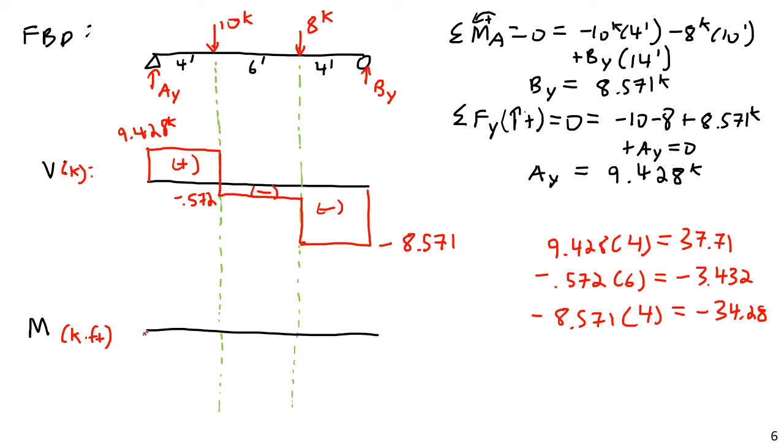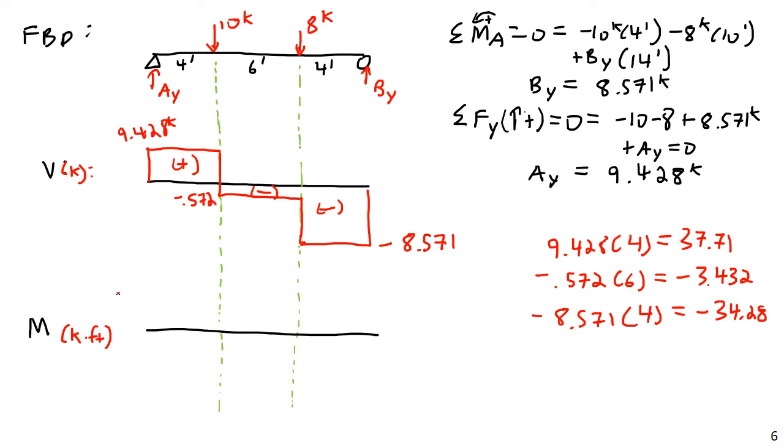So I know that between here and here, the moment is going to increase by 37.71. Again, it is very important to keep in mind that the area under the shear does not give you the value of the moment diagram. It gives you the change in the moment diagram. This is sort of that fundamental theorem of calculus stuff.